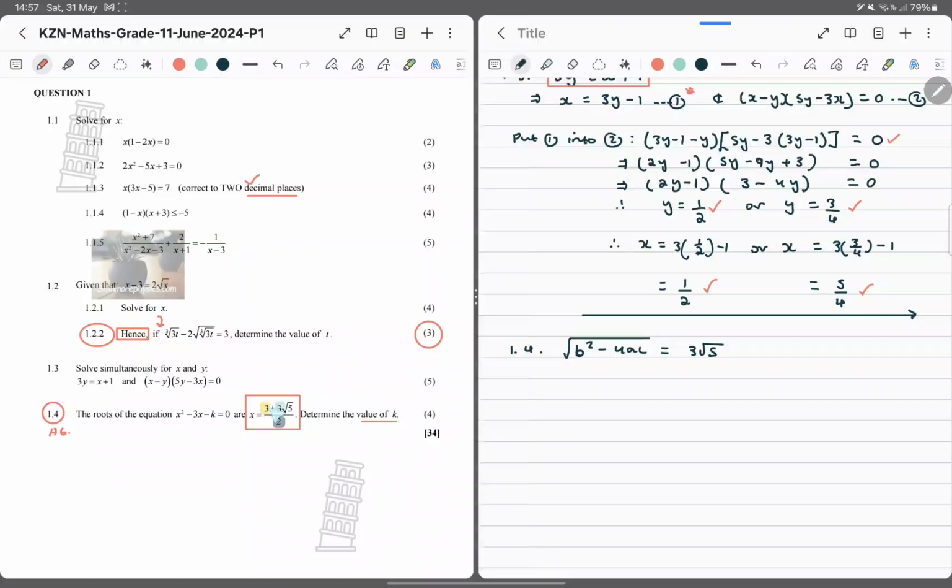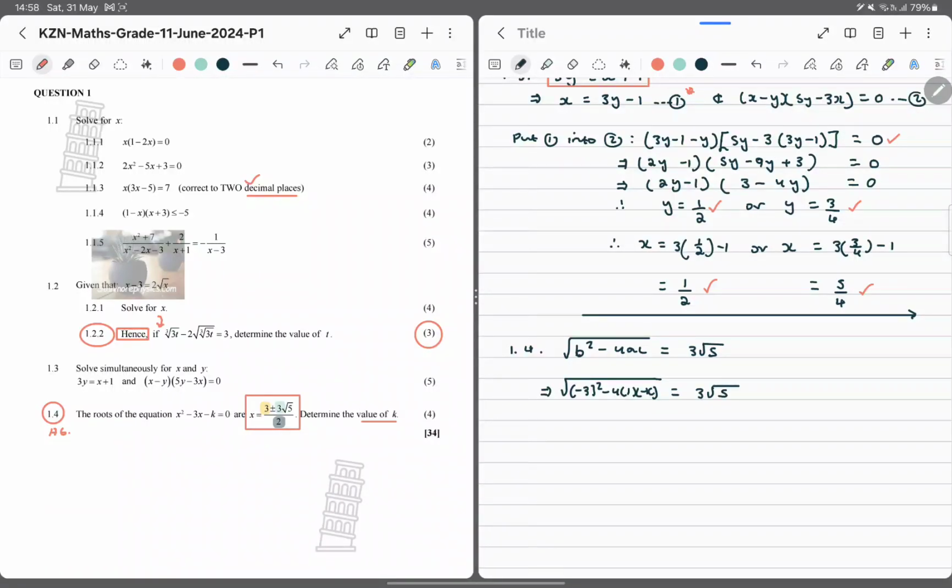We don't care about the signs. It's not a big deal at this stage. So we move on. Say this implies, we then substitute into the discriminant. B is minus 3 squared minus 4 into 1 into minus k. This is equal to 3 root 5.